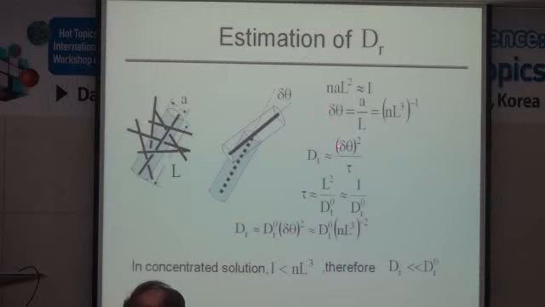This argument ends up showing that the effective diffusion constant is smaller than that in the dilute solution by the factor (nL cubed) to the power minus 2. Since in a concentrated solution nL cubed is much larger than 1, this indicates how small the rotational diffusion constant is in a concentrated situation.